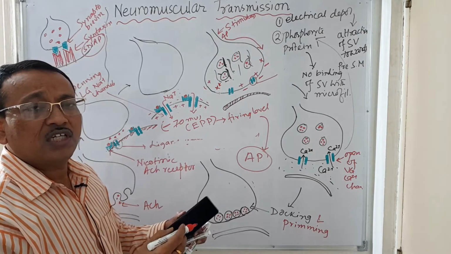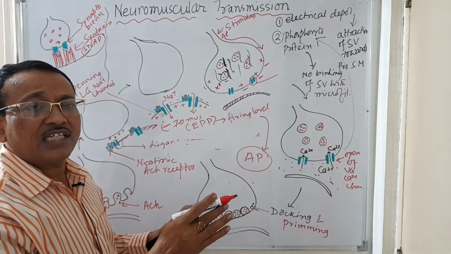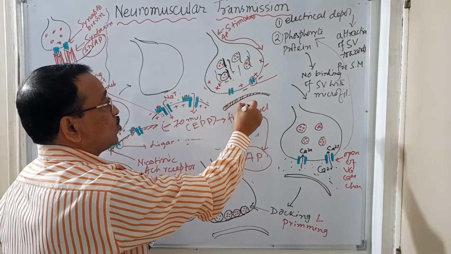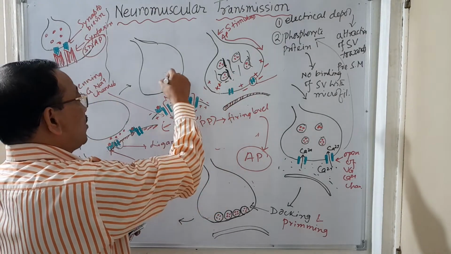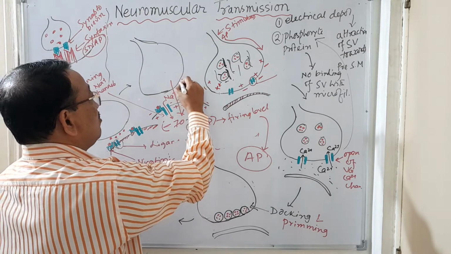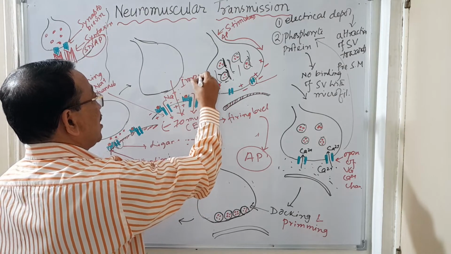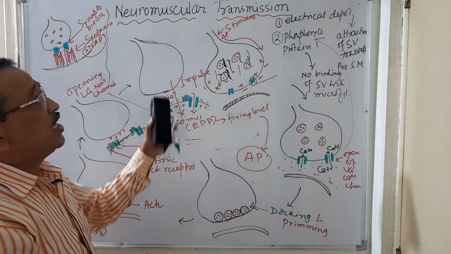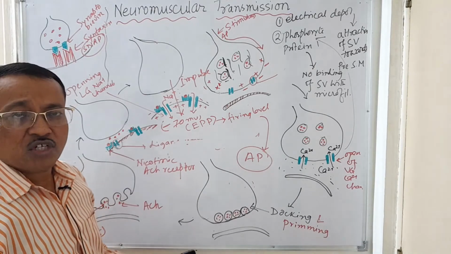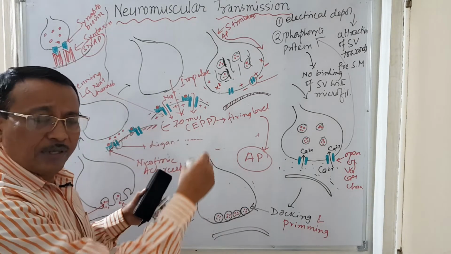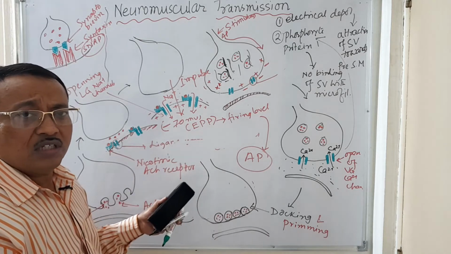This is the process by which the electrical signal is passed from the pre-synaptic neuron to the post-synaptic neuron, and it is known as neuromuscular transmission. Now, I hope this basic mechanism is very clear to you.